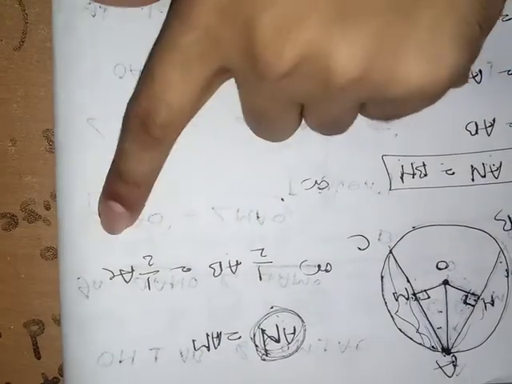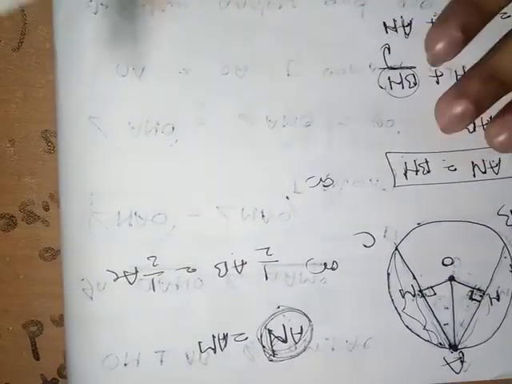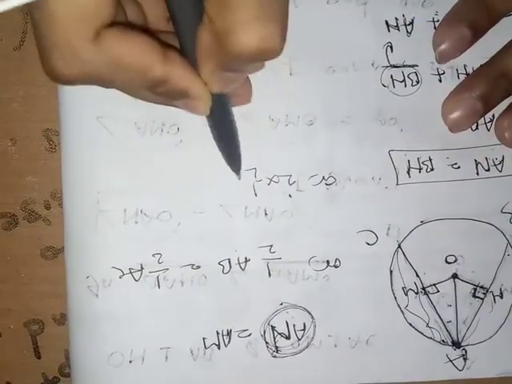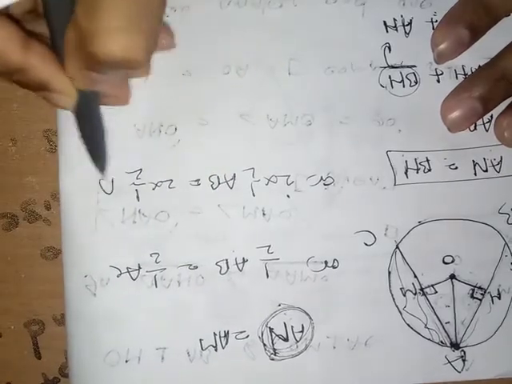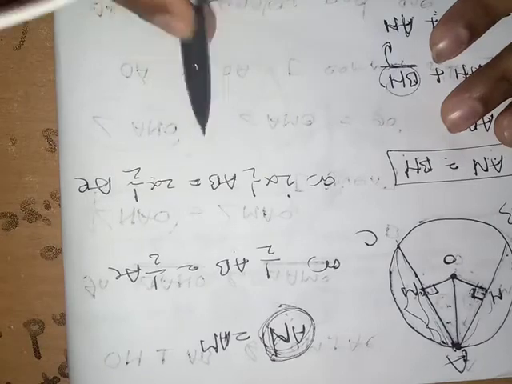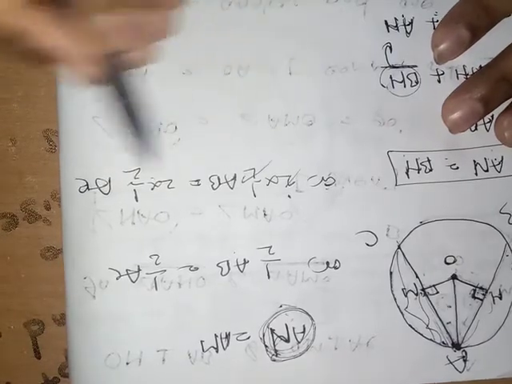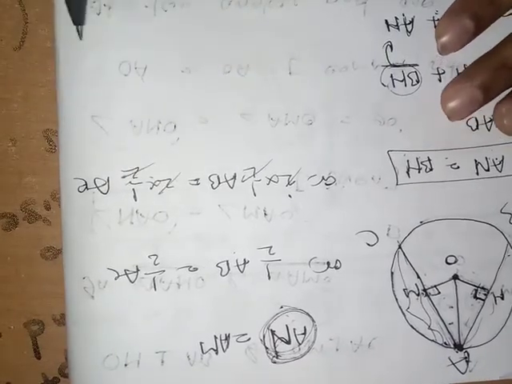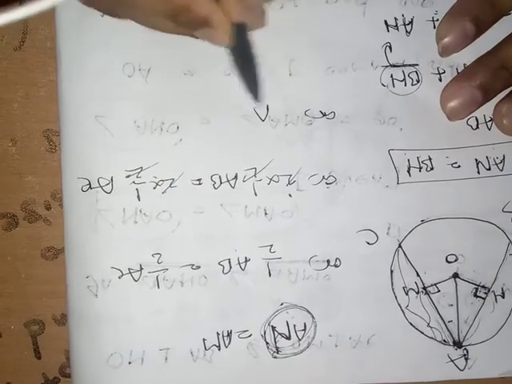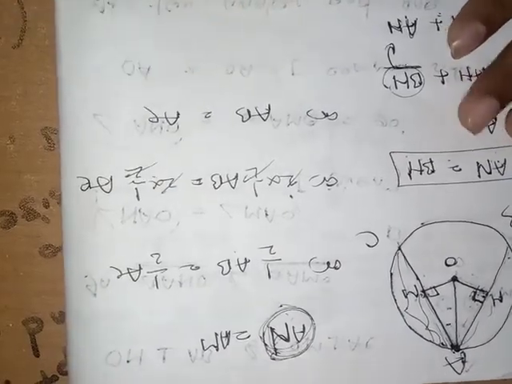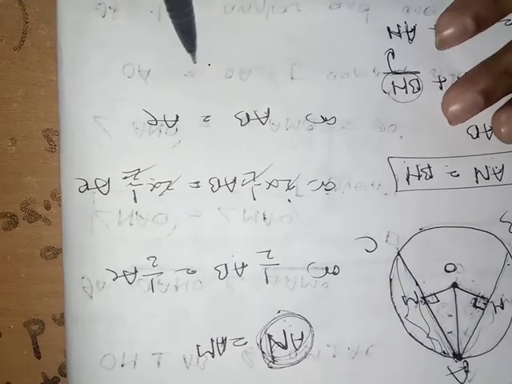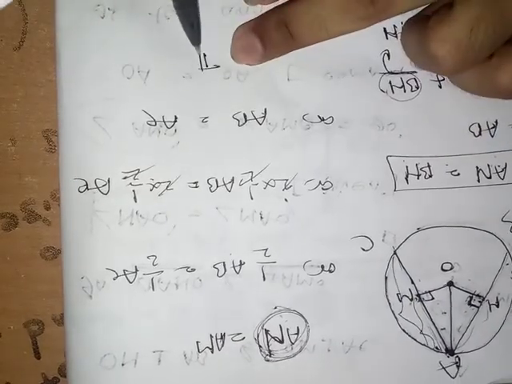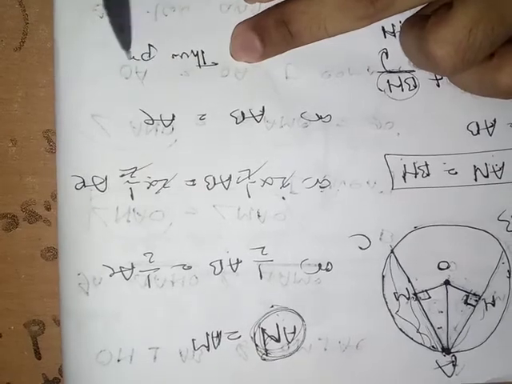So if we multiply both sides by 2, these two cancel each other. So AB is equal to AC, and we have proved the statement. Thus proved.